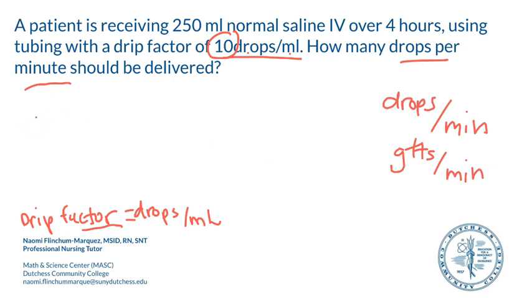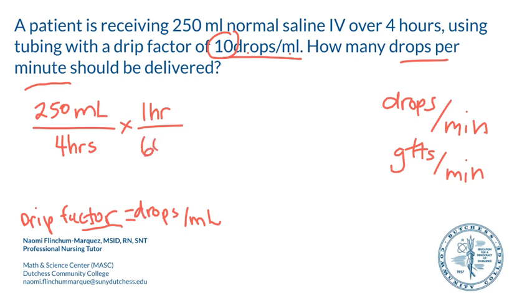So the patient's receiving 250 milliliters over 4 hours. We know we want it to be in minutes, so we're also missing something here when we have hours. So let's put an hour here. And let's put 60 minutes because we know that there are 60 minutes in an hour.